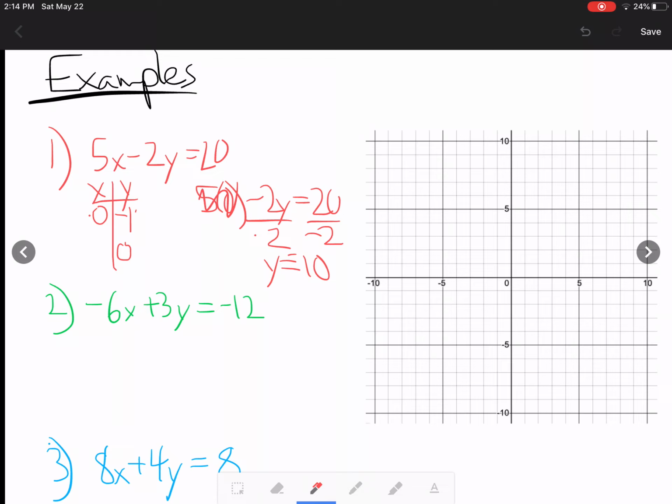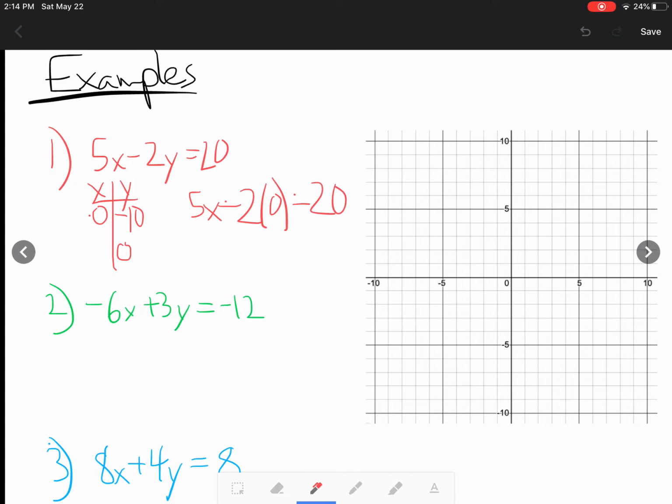So negative 10. All right, now I'm going to clean this area up. I'm going to repeat the process, but with letting y equal 0. So I'll have 5x minus 2 times 0 is equal to 20.